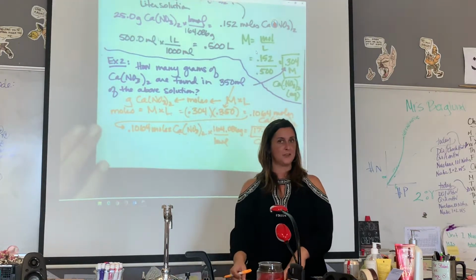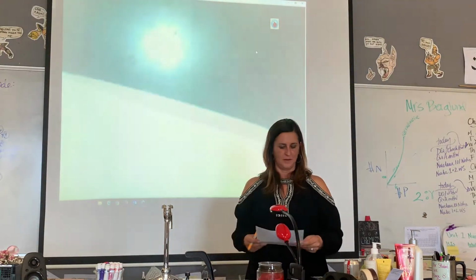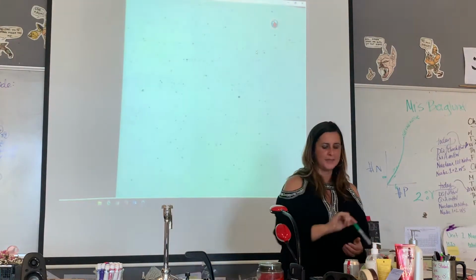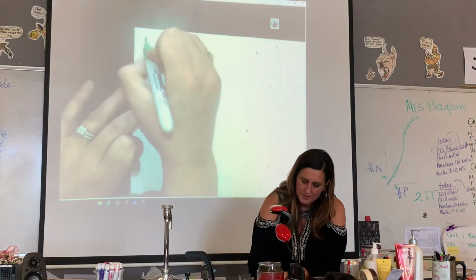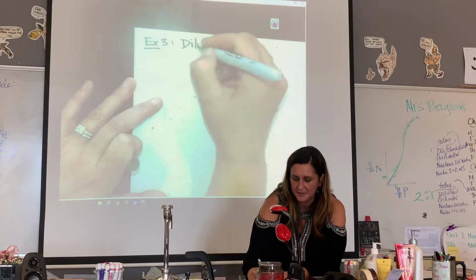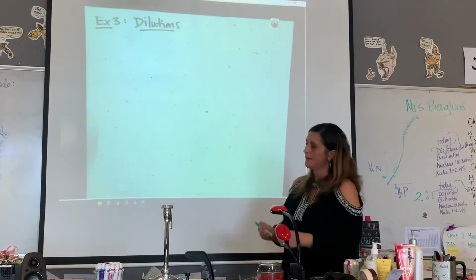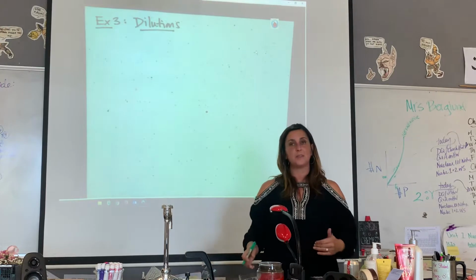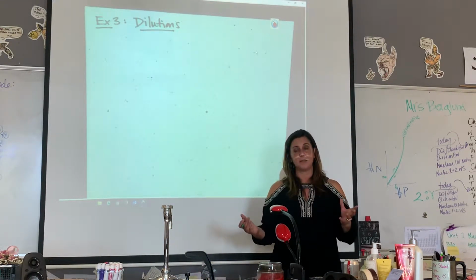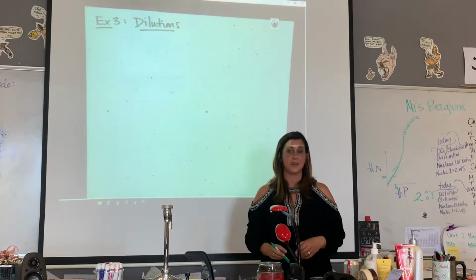I'm going to go ahead and trade pages here. Of course, you can pause me if you need to. We're going to go on to our third example, example 3, and this has to do with dilutions. We want to remember that when we dilute something, we're just adding water to make it less concentrated, so the amount of solute doesn't change.